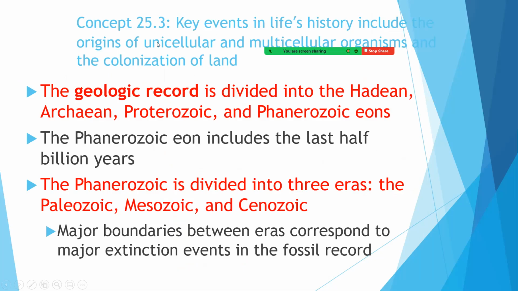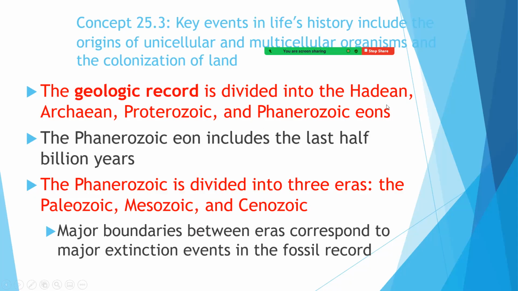So looking at key events in life's history, the geologic record is something that's very important when we're thinking about the process of evolution of life. Geology is an important science, and biologists are able to use the geologic record to help them figure out how life evolved.